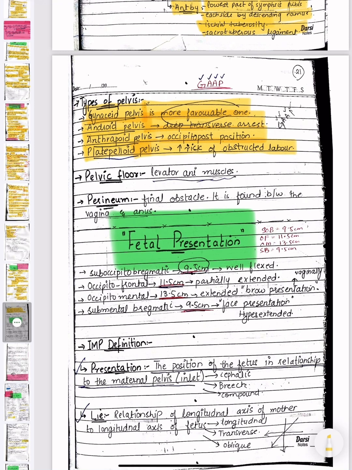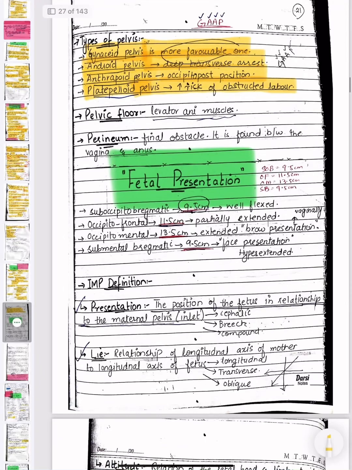The gynecoid pelvis is the most favorable for delivery of the fetus. In the android pelvis, deep transverse arrest occurs during delivery. In the anthropoid pelvis, occipito-posterior position occurs, and in the platypelloid pelvis there is an increased risk of obstructed labor.